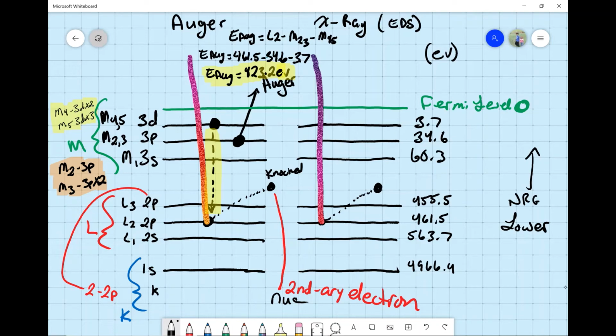This is a secondary electron again. Again, this guy in the 3D wants to solve everybody's problems. We now have an ionized atom. Things are unhappy. This M45 electron is going to come down, take its place. Similar scenario, but now we're talking X-rays.